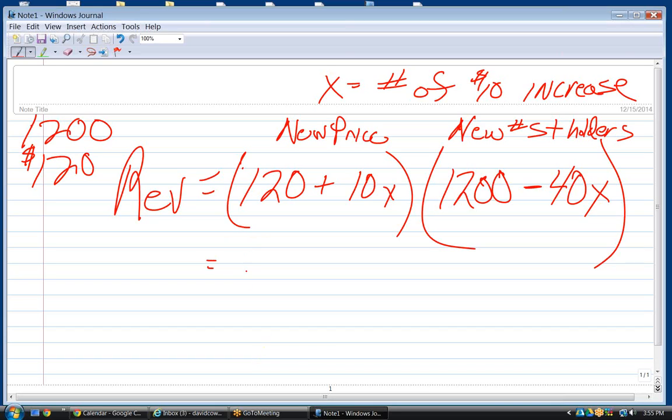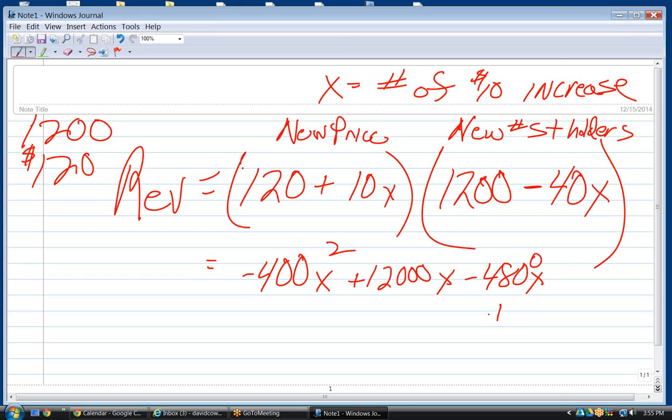So it would be negative 400 x squared plus 12,000 x plus or minus 4,800 x plus 144,000.